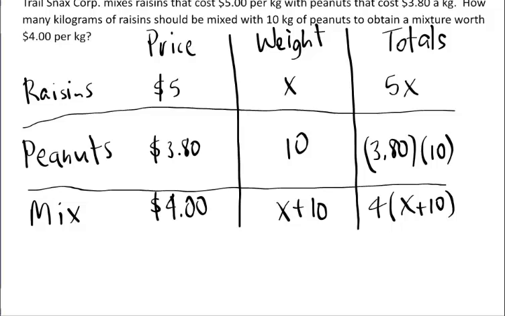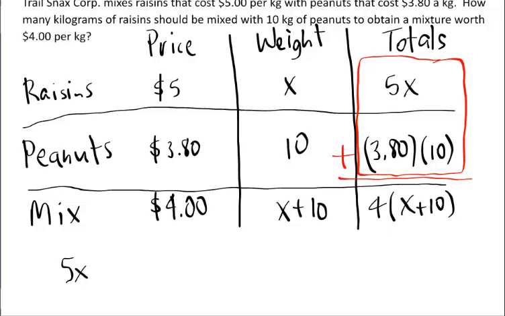Well, just put everything together. We want these two right here to add up to the one right underneath, that 4 times x plus 10 part. So the actual problem we're solving is 5x plus 10 times 3.80, and we need that to be equal to 4 times x plus 10.